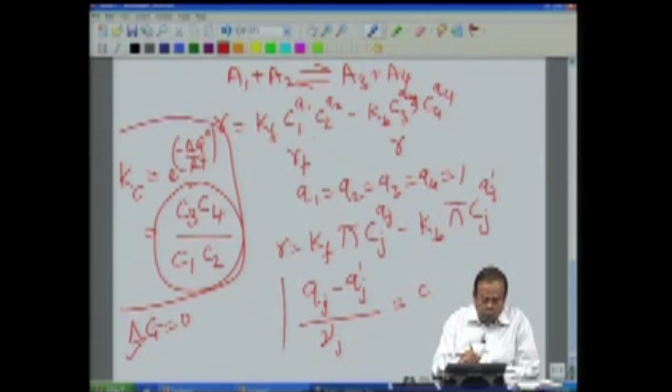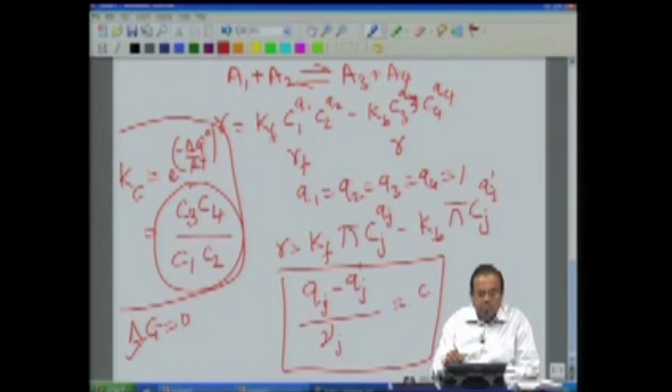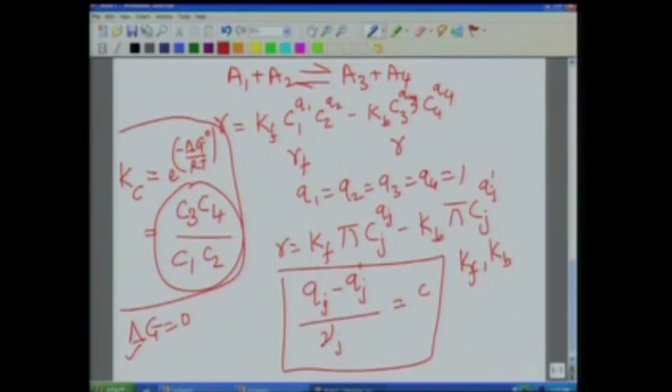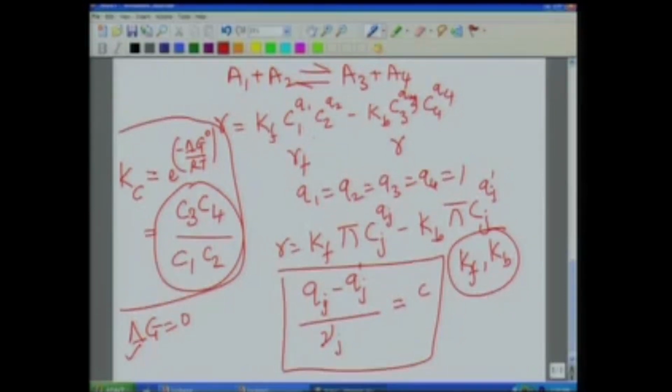So, we should ensure that for a general reversible reaction, if we are framing power law kinetics of this kind, firstly Kf and Kb cannot be independently chosen because there is a thermodynamic restriction, and secondly the orders Qj and Qj prime also cannot be independently chosen.